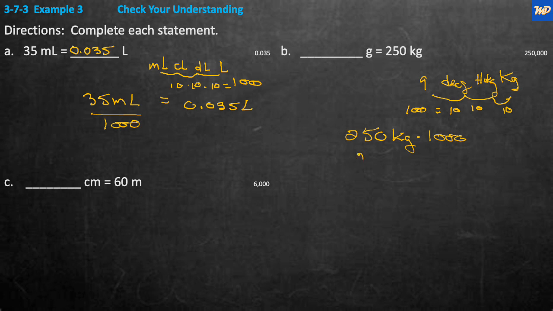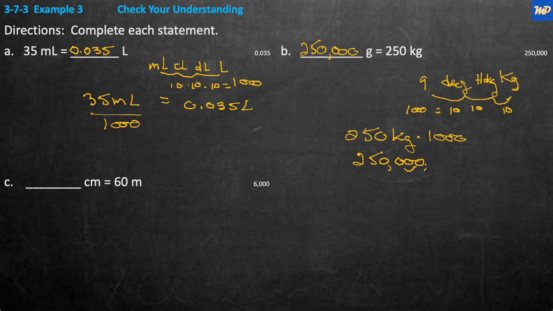In order to do that, you're going to say 250 000. The decimal point was here, we're moving it 1, 2, 3 times. 250,000 grams. Okay, one more.